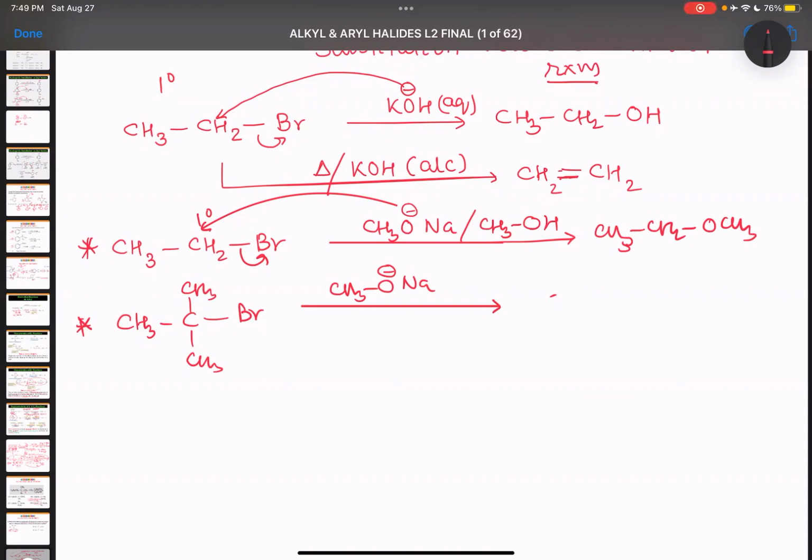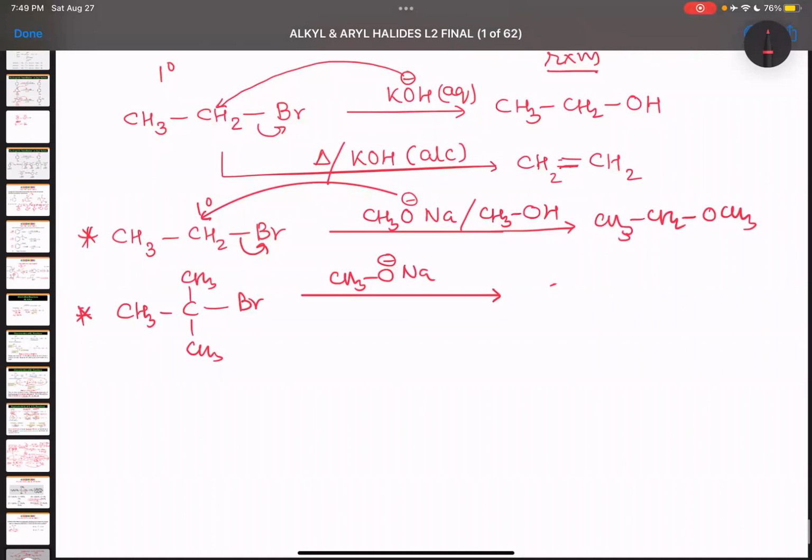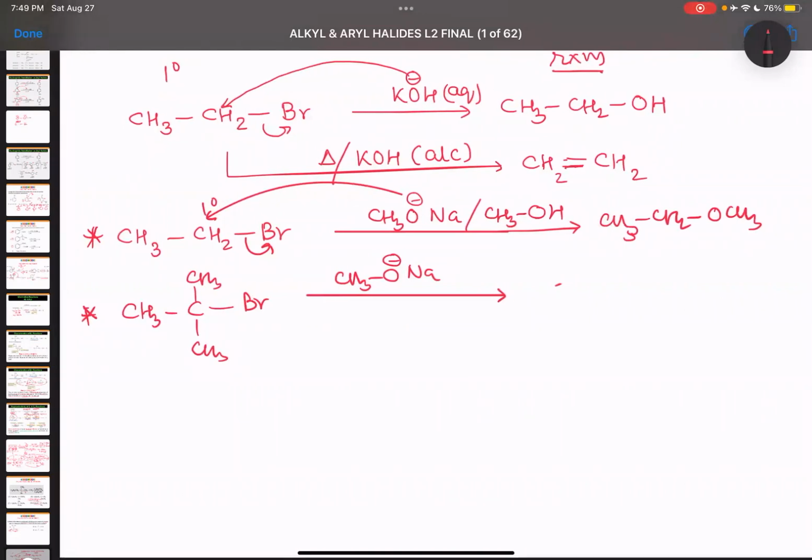And why is it going to happen? This is a strong nucleophile, so it will go and attack the carbon atom. Can the substitution happen on the carbon atom?